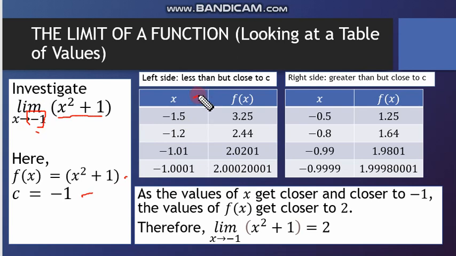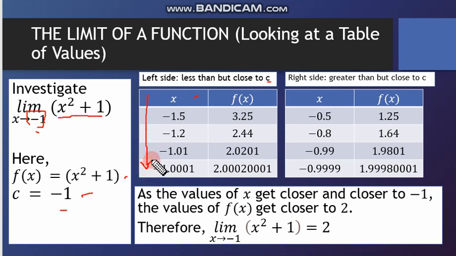On the left side, we will assign values of x which are lesser than c. Take note, c is negative 1. So we will assign values of x lesser than negative 1 but close to negative 1, in ascending order.